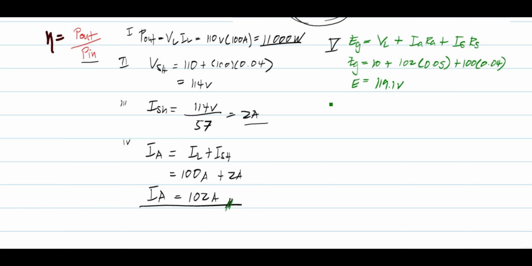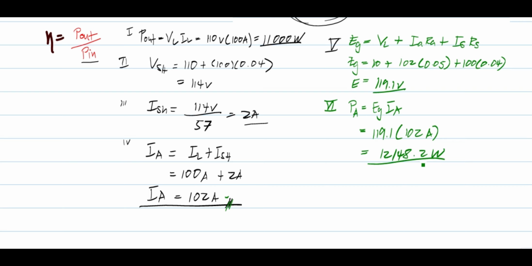Now that we have the EG, we can get the PA, or the power developed in the armature, which is equal to EG times IA. It is equal to 119.1 times 102 amperes, which equals 12,148.2 watts.